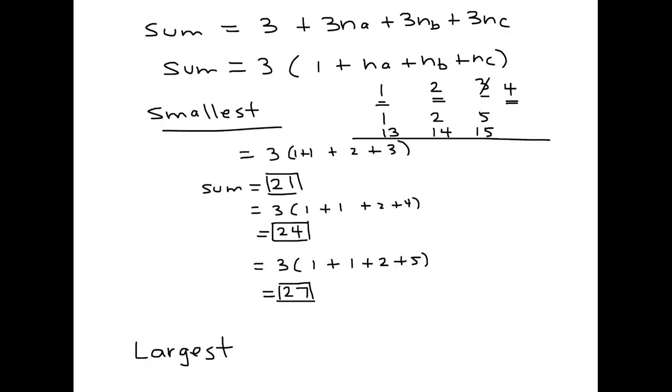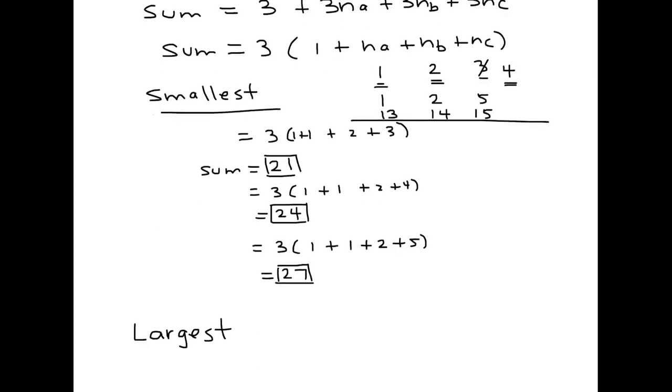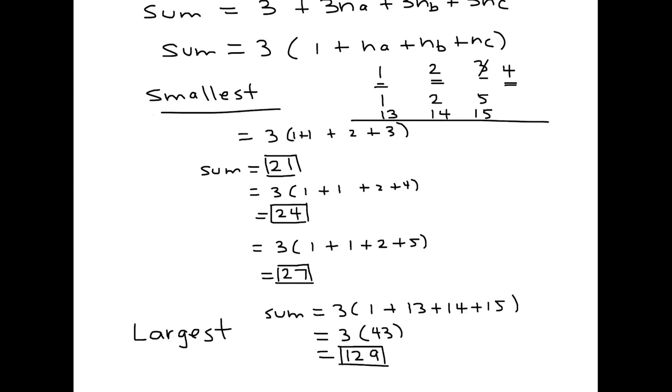So that would result in a sum of 3 times (1 plus 13 plus 14 plus 15), which is 3 times 43, which is equal to 129. So this is the largest possible sum. So all of our sums are going to be of this form: 21, 24, 27, going up by 3, all the way up to 129.